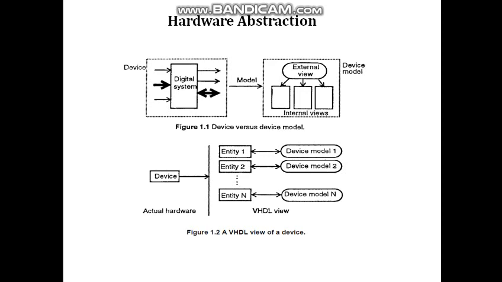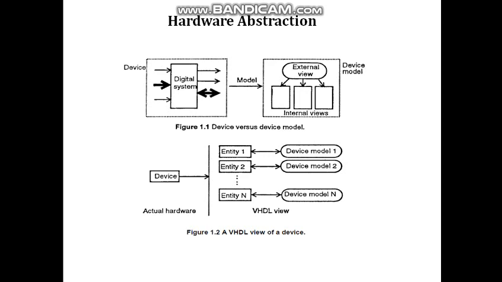As you observe in the second figure, a number of different types of entities are available: entity 1, entity 2 and entity n. This shows the VHDL view of a hardware device that has multiple device models, with each device model representing one entity.